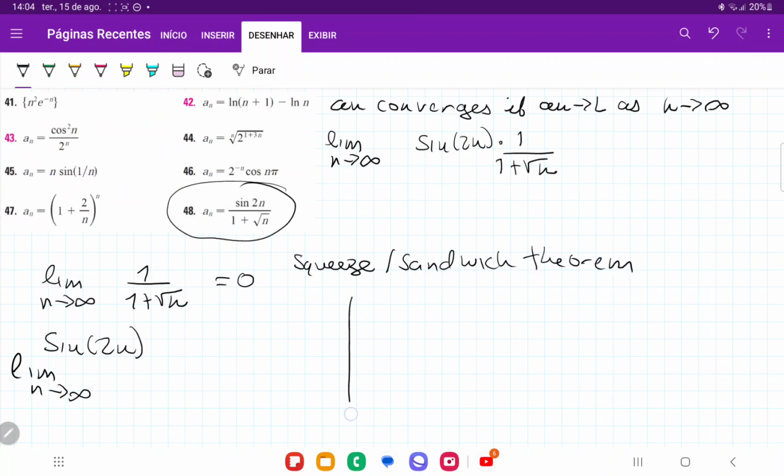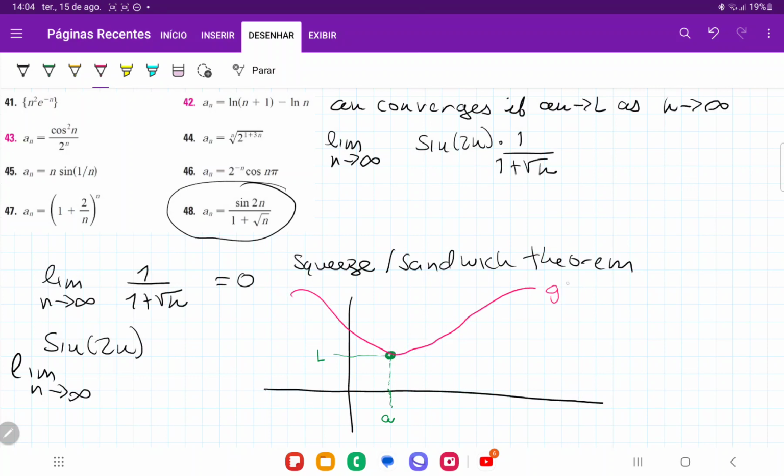The sandwich theorem basically says, and I'm going to represent it with functions, but it's just as valid with sequences, let's say this is the point x equals a here, and that is L. If I have a function here, g of x, and the limit of g of x as x approaches a is L, and then I have this other function, h of x, where h of x is less than or equal to g of x the whole time, and the limit as x approaches a is also L.